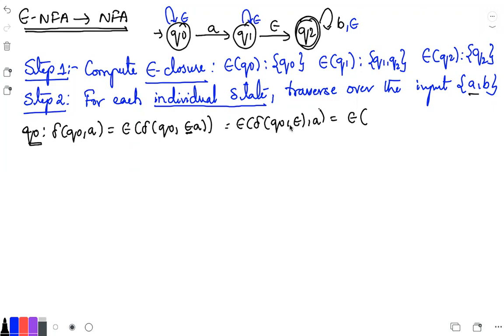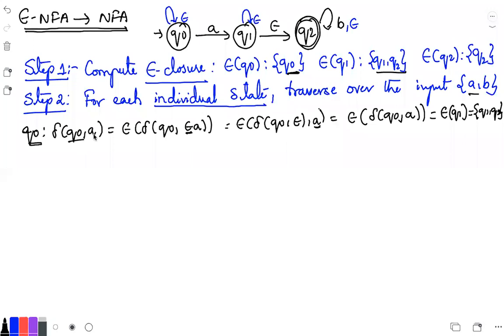Q0 on epsilon is the epsilon closure of Q0, which is Q0. Then delta of Q0 on A is Q1, so the epsilon closure of Q1, which is Q1 and Q2. All of you clear with the first step? Yes, sir.